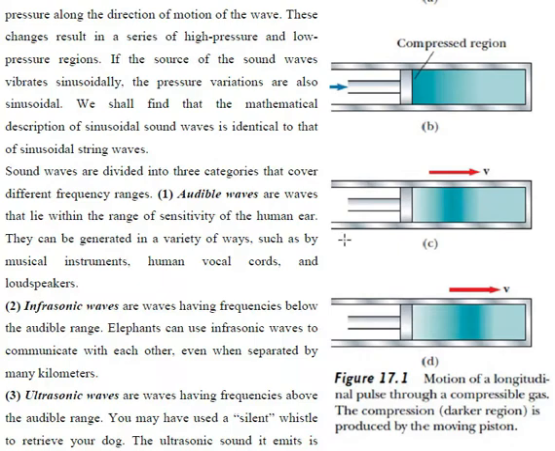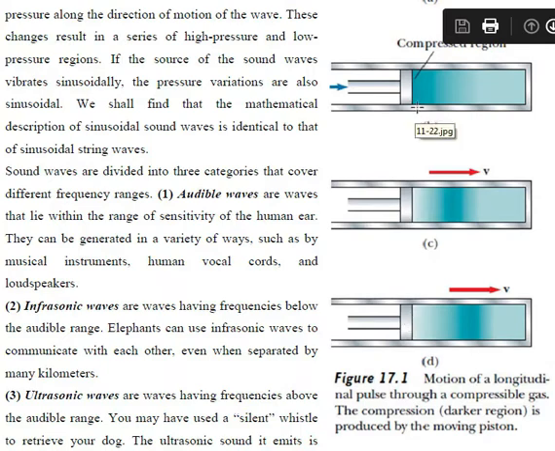In this case we just consider a single pulse, that is, we push the piston once, compressing the air in front of the piston, and leave it at that position.